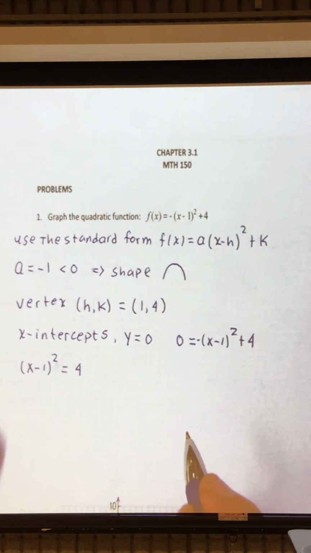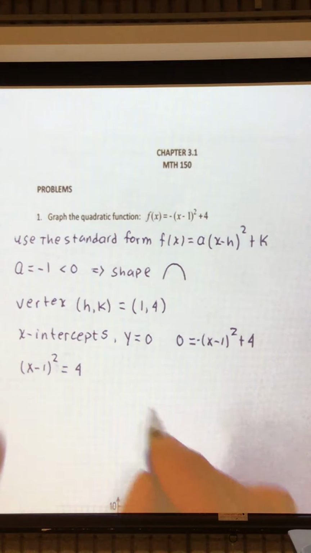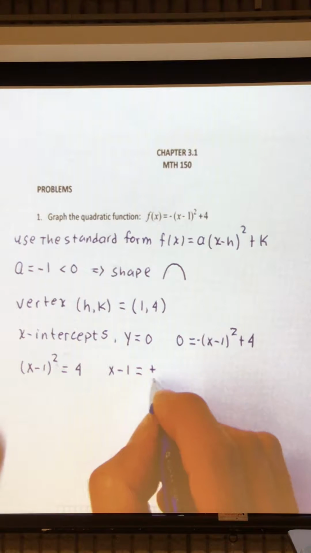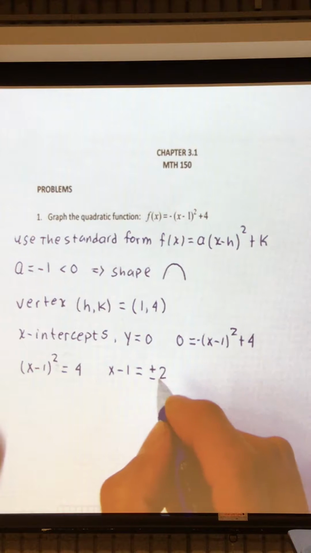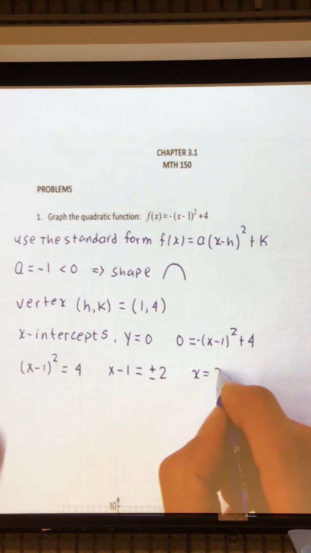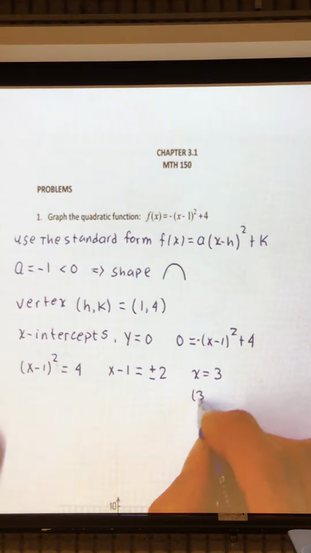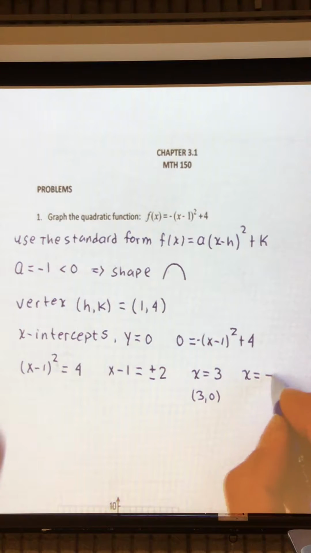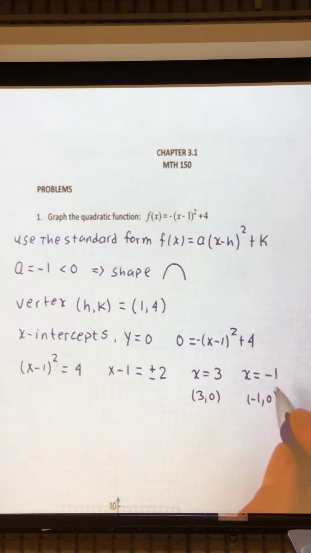That equals 4. And then taking the square root of both sides gives us x minus 1 equals plus or minus 2. Therefore, x is equal to 3, giving the intercept 3, 0, and x is equal to negative 1, giving us the intercept negative 1, 0.